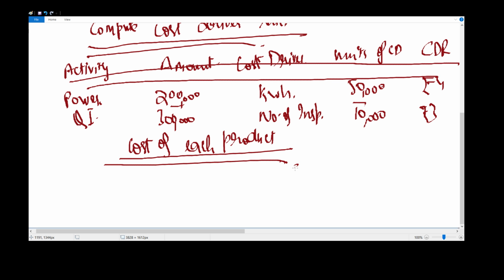Cost of each product. Products are M, S, and T. Now, the power cost, that is 10,000 into 4, 20,000 into 15, 20,000 into 4, and 15,000 into 4.